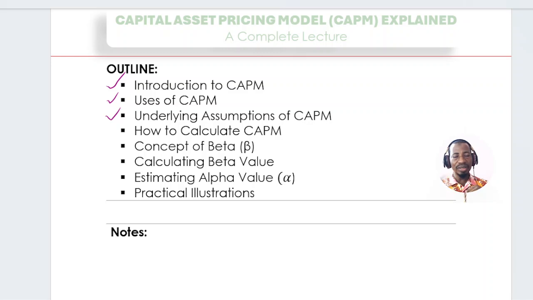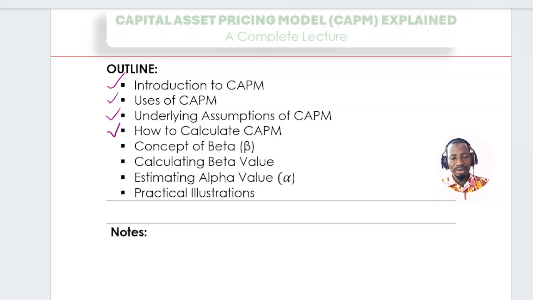So they are infinitely divisible. Almost all the assumptions of the capital asset pricing model are not realistic in practice. They are purely theoretical. So that is that.